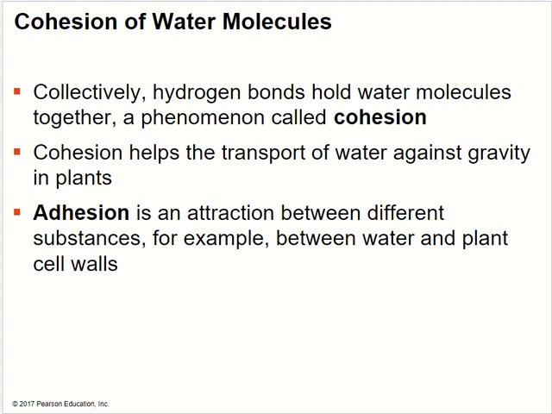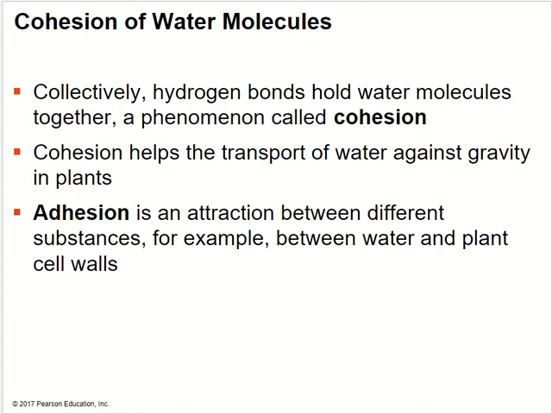Cohesion helps the transfer of water against gravity in plants, as it's moved up the root system of plants towards the trunk or toward the stem and toward the leaves. Water moves through a process of cohesion. Adhesion is the attraction between different substances, for example, between water and plant cell walls.